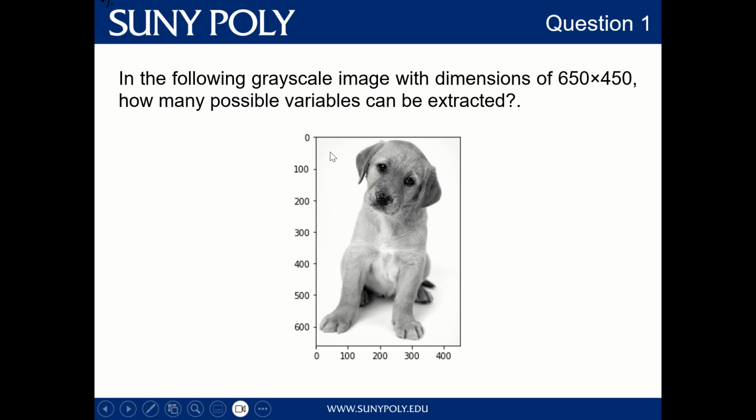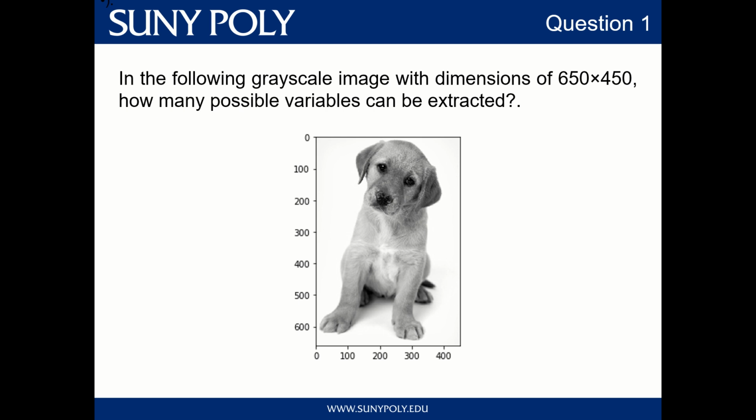That's a lot, even though this is a simple image. Now, because this is a grayscale or one channel image, we have almost 300,000 variables for a single picture.